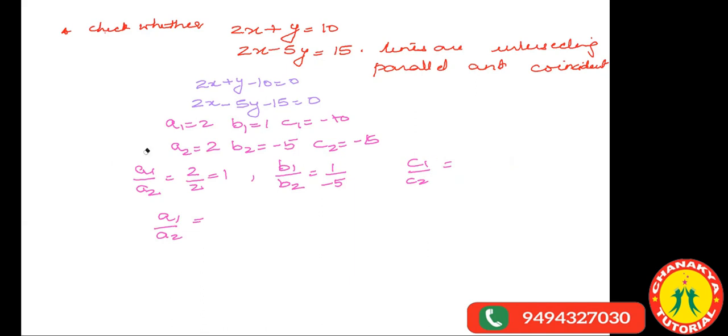So it is minus 10 by minus 15, so 2 by 3. Right? So are they equal? No, ma'am. Therefore the lines intersect.